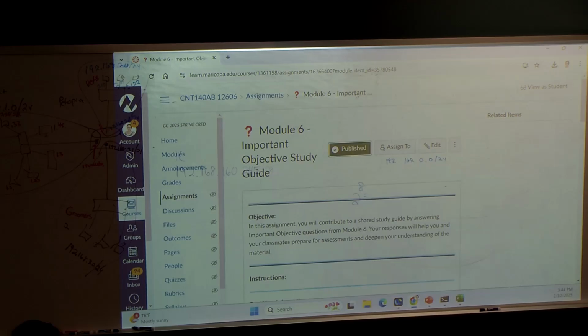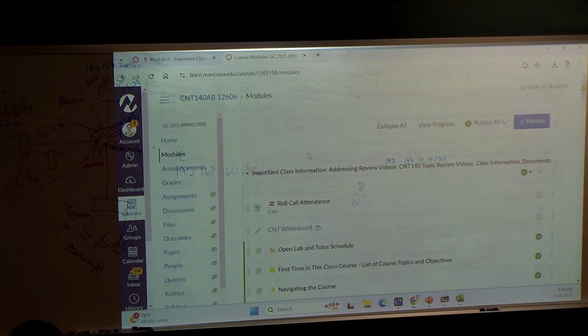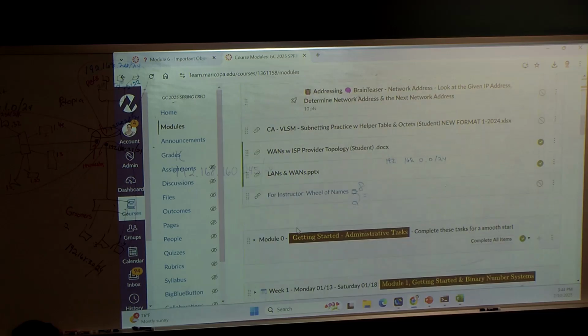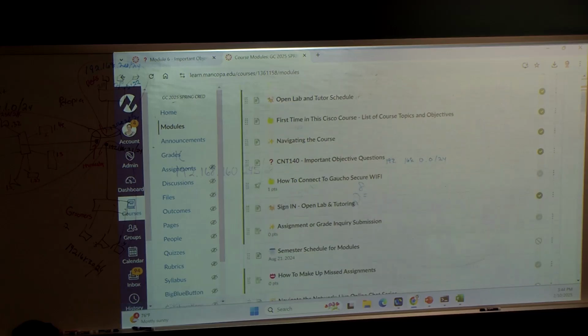Okay. Does everybody know where to find the important objectives? Yes, no? Okay. So the important objectives are in this first module, or you can find them in the learning resources. So they are right here, important objectives.